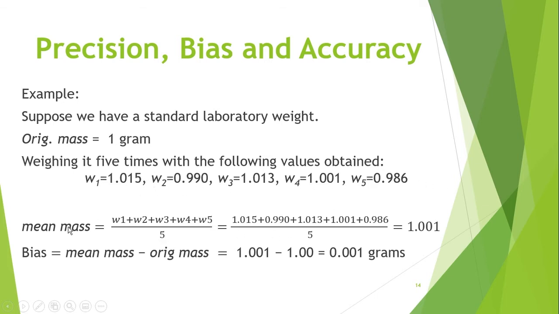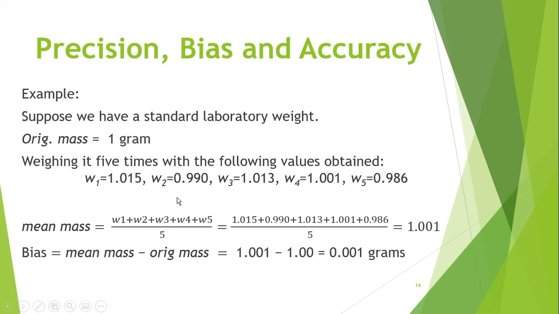Now, if you want to know the mean of these values, you just add all the values and then divide it by the number of times you have weighed the laboratory weight. Okay? Ano yung weight? Yung pabigat. Okay? Sa mga nagbabarbell, may mga weights. Okay?